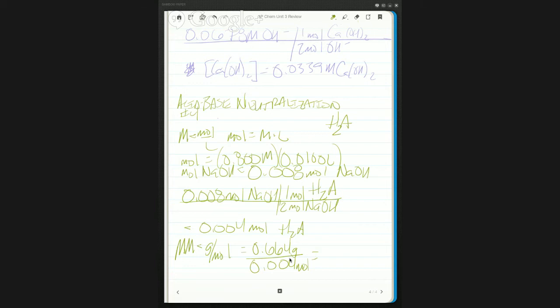So 0.664 divided by 0.004 equals 166 grams per mole for your unknown. All about the moles. Keep coming back to the moles.